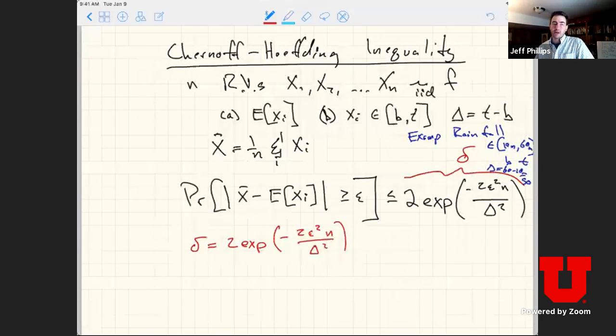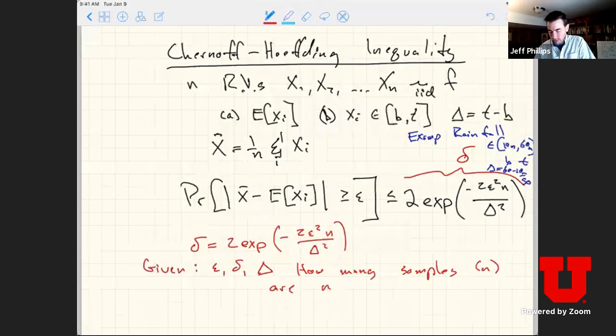How big does n need to be if I'm given epsilon and delta, the PAC bound parameters, and also this uppercase delta, the absolute range of the random variables? How many samples n are needed to get a good bound? We have to solve for n now.